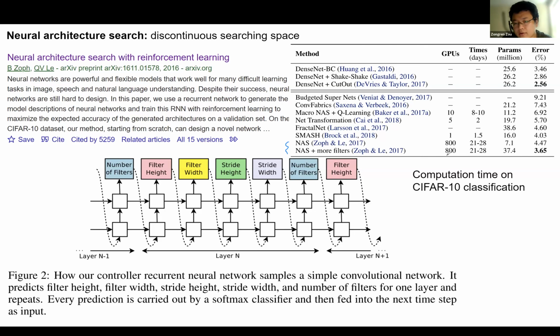So here they use 800 GPUs for 3 to 4 weeks for this CIFAR-10 classification problem. So the computation time is really a huge issue, and that's the main problem of this reinforcement learning technique for neural architecture.